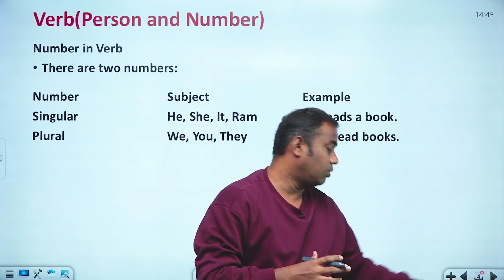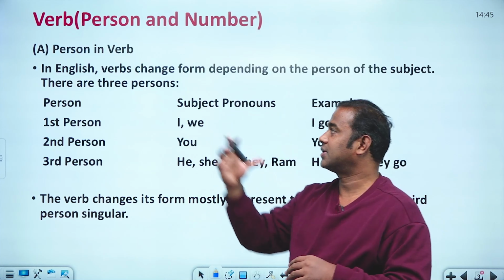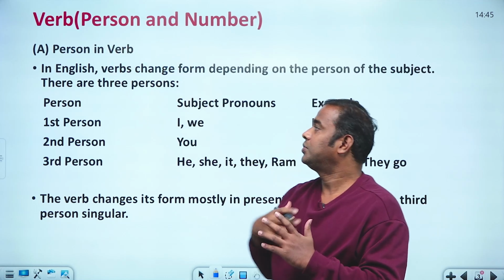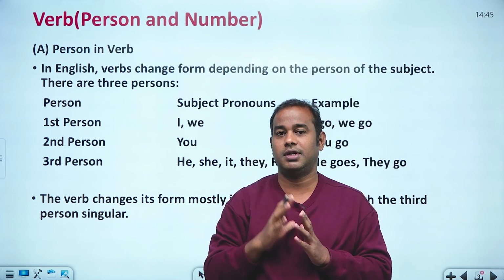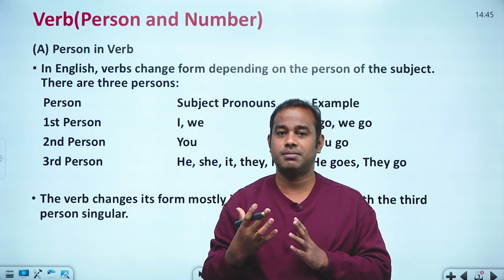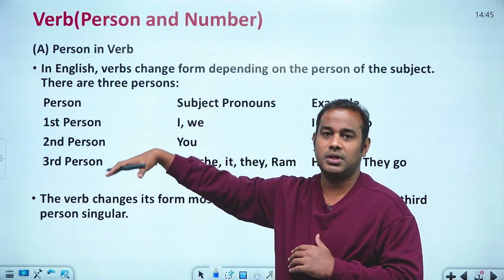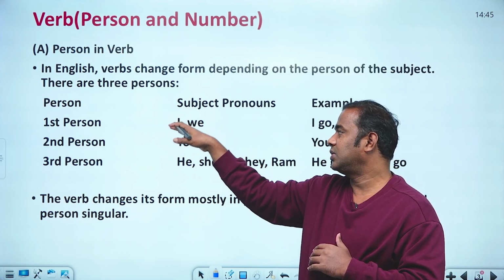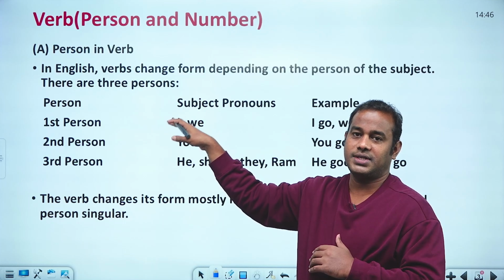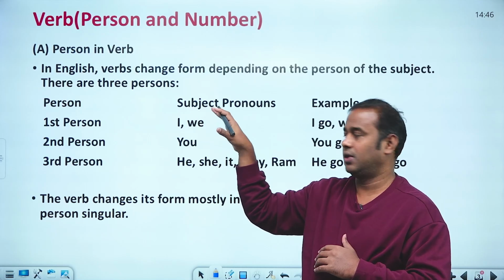Let us discuss this one by one. First, I am going to discuss the person in the verb. In English, we have three persons: first person, second person, and third person. The first person, if it is singular in quantity, we call it I, and if it is plural in quantity, it becomes we.